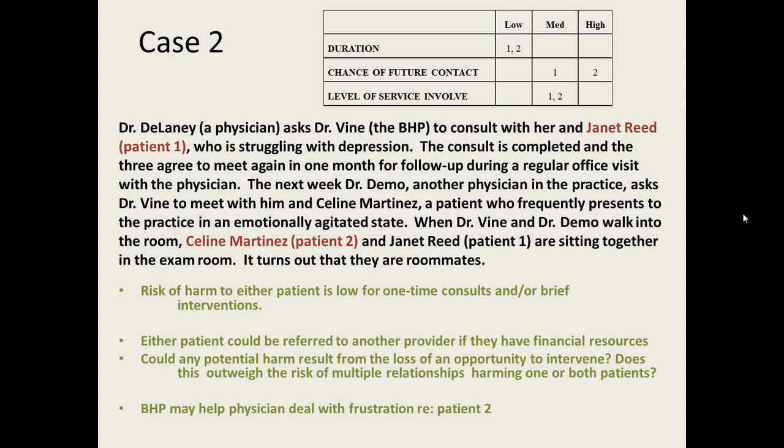But we may prioritize that if the depression is getting worse over time. It also may be that we have other staff, like a care manager, that could do some of that navigation for us, allowing us not to have that multiple relationship depending on their level of training. But there are all kinds of scenarios that we could engage in to try to make sure that both patients are taken care of in a solid way.